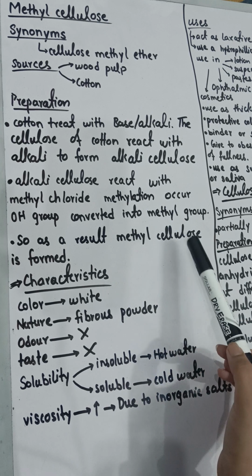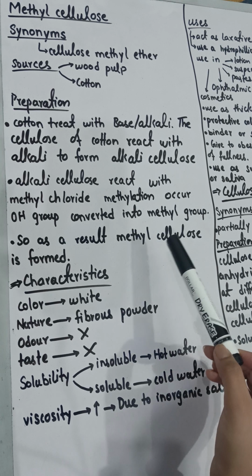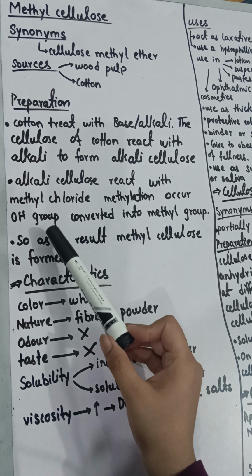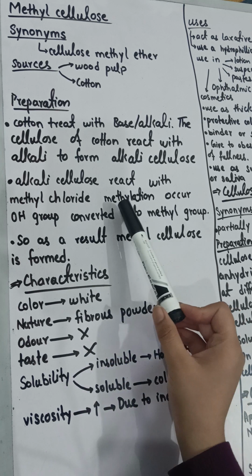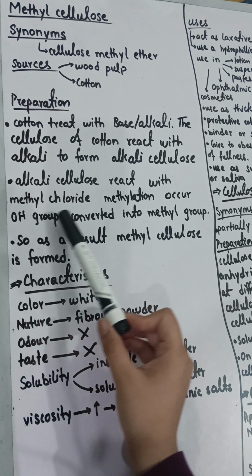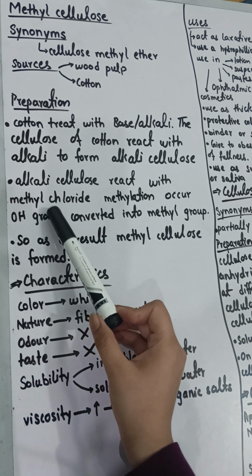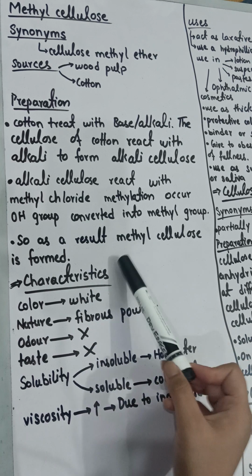In cellulose, hydroxyl groups are attached to the glucose, and these hydroxyl groups convert themselves into methyl groups due to the methylation. Where does the methyl come from? It comes from the methyl chloride. So methyl chloride gives its methyl to the cellulose and forms methyl cellulose.